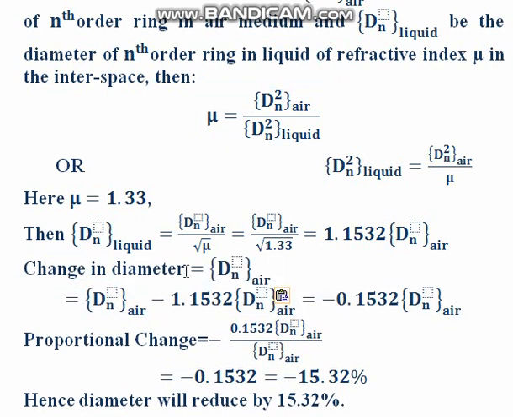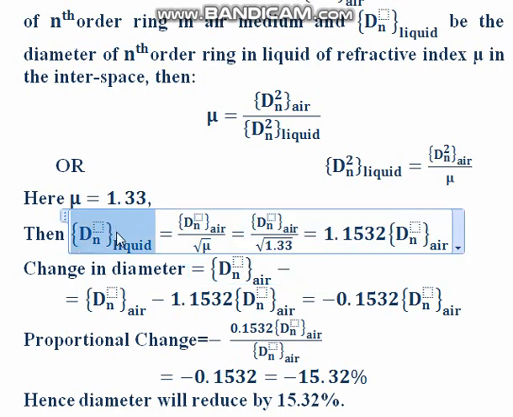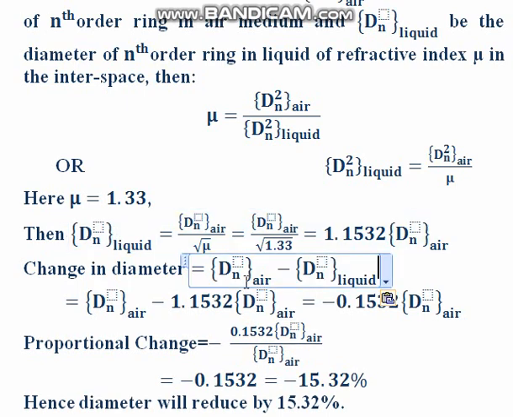So the change in the diameter is minus 0.15 D(n) air. The minus sign represents the reduction in the diameter. The proportional change can be obtained by dividing by D(n) air, so it comes to be 0.1532.